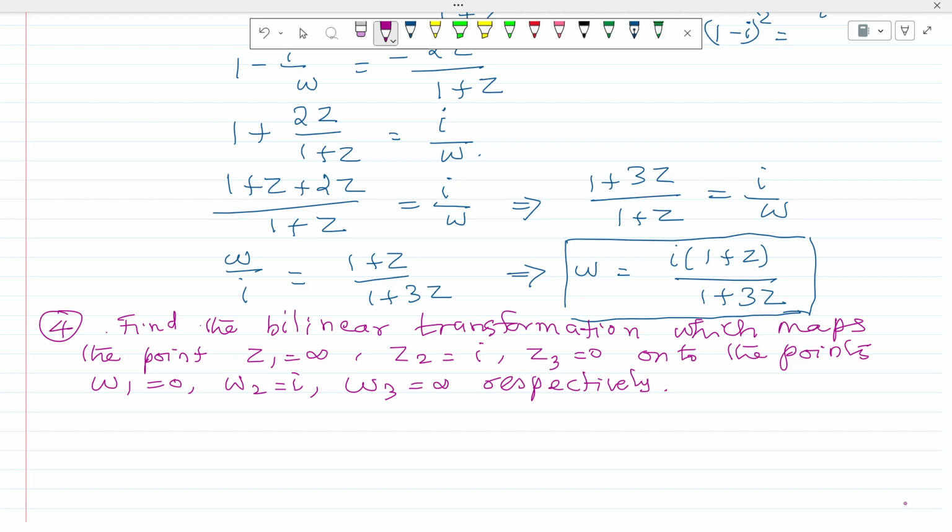Listen, in the last problem all the Z values and W values are finite. Okay, here two points are infinite. One value of Z, one value of W are infinite values. Then if infinity is given, how to find the solution for this?